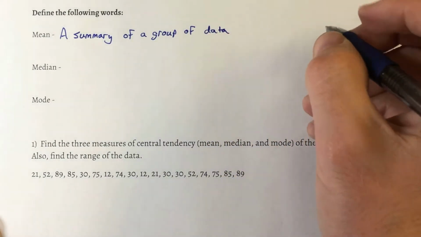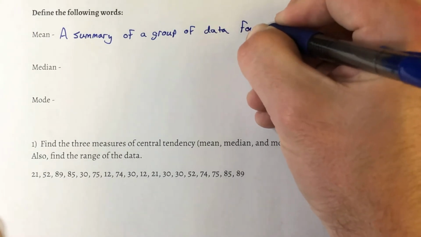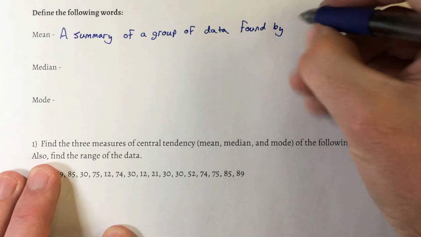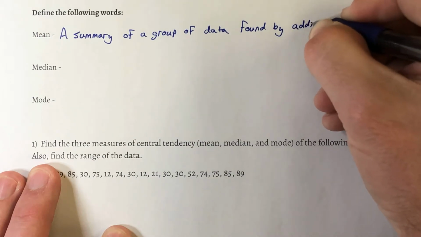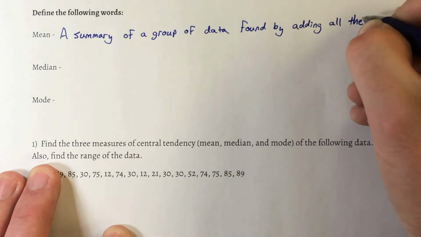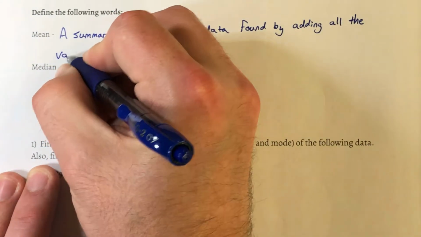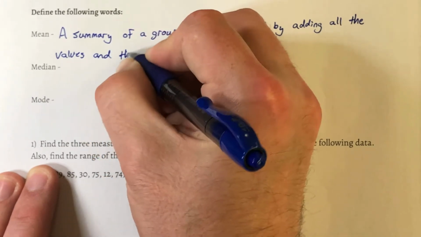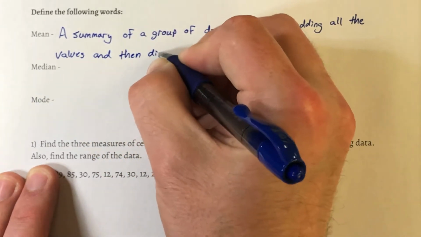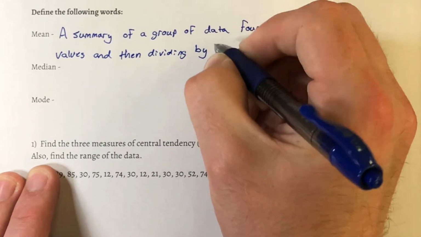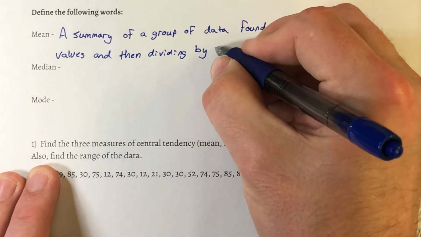So a summary of a group of data found by adding all the values and then dividing by how many values there are.